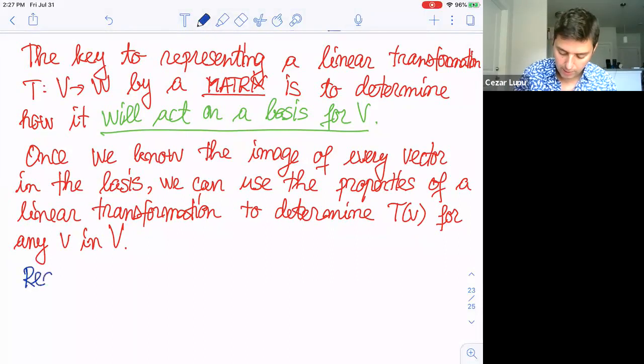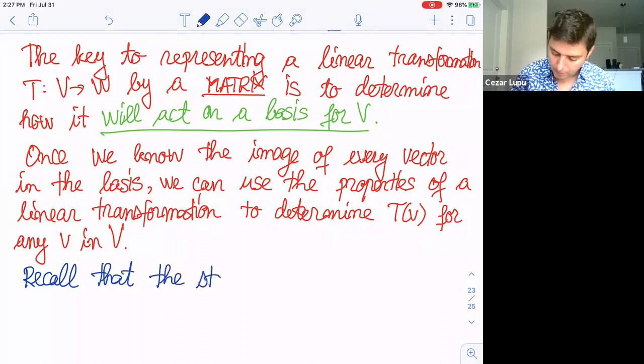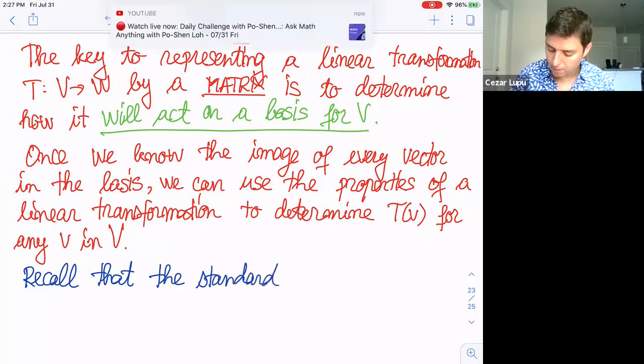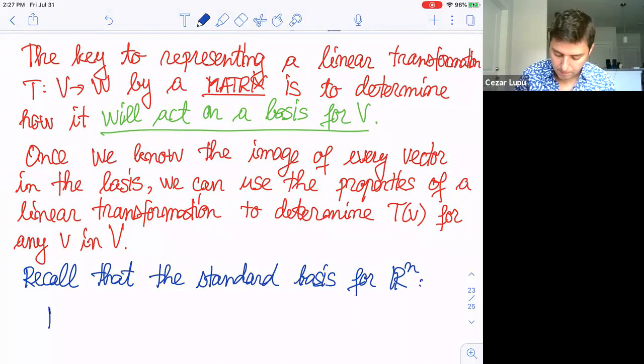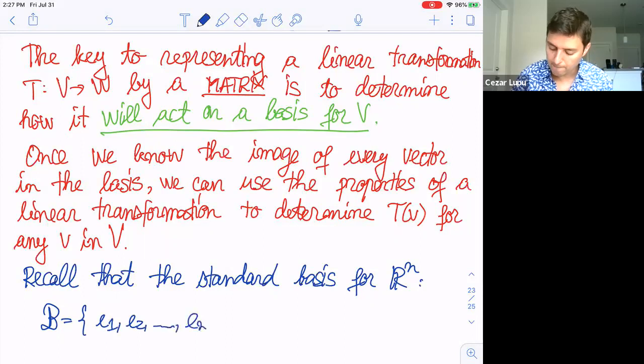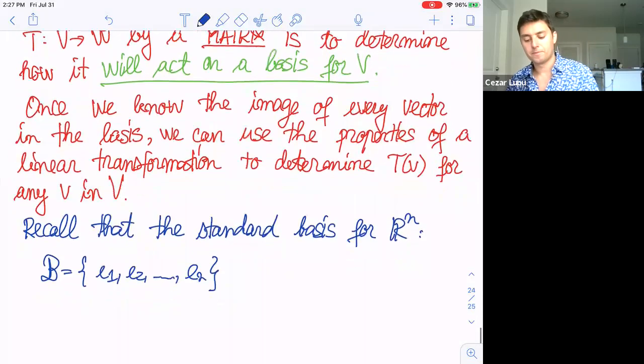Let us recall that the standard basis for Rn is the following. B will consist of these vectors, e1, e2, all the way to en, right?